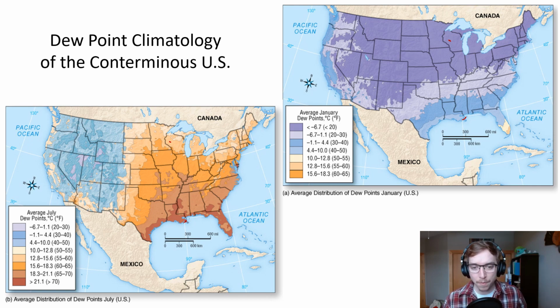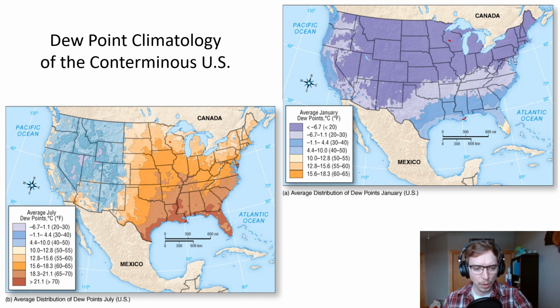So very, very moist air coming from the Gulf of Mexico during the warmer months, the summer months. It can be a bit cooler, still moist because your temperatures are dropping as well. But you can see how low that drops during the winter months.